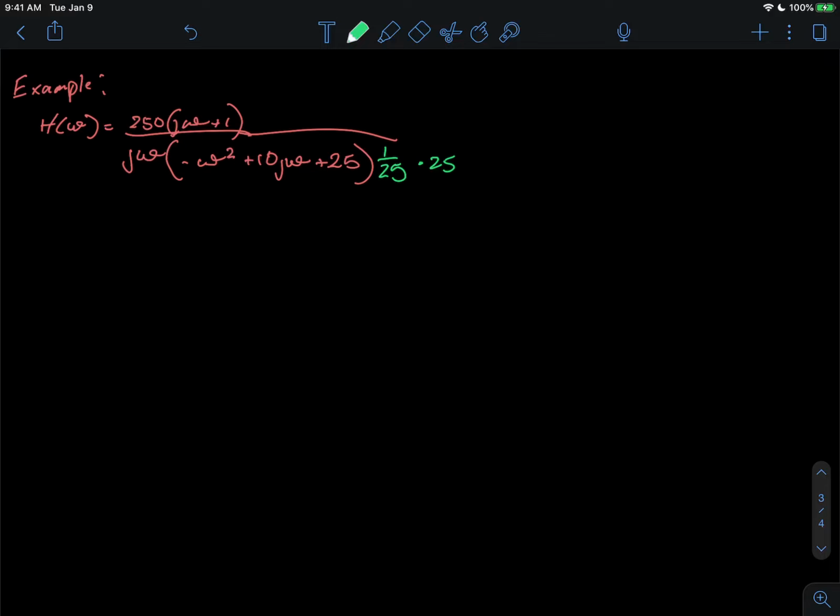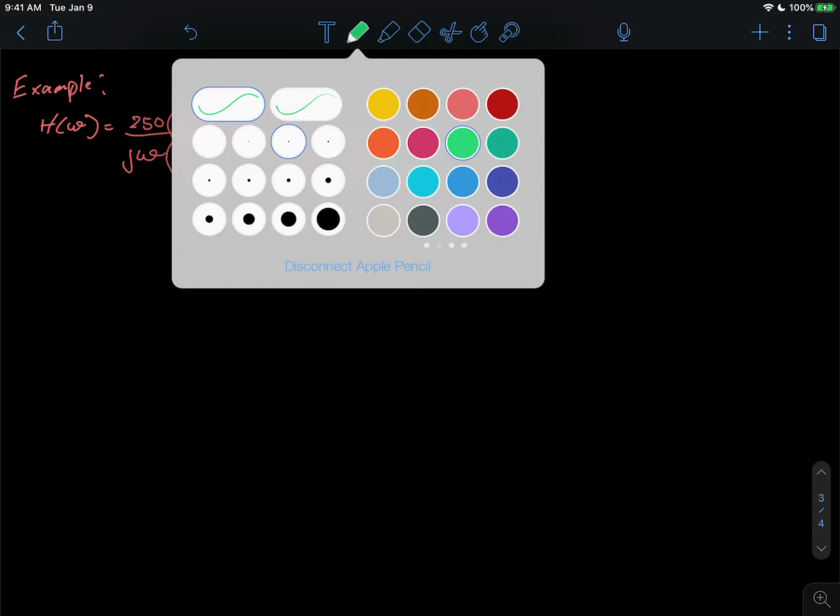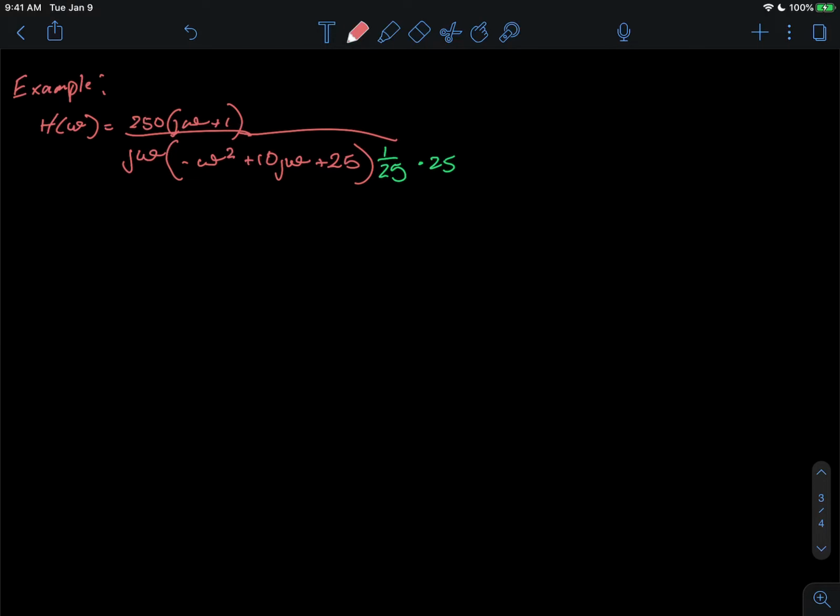So what that turns into is, you get 10 on the numerator, (j omega plus 1) over j omega, and then you get negative 1 over 25 omega squared plus 10 over 25 j omega plus 1.